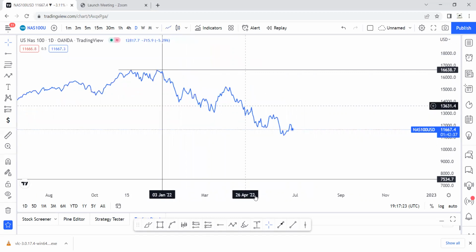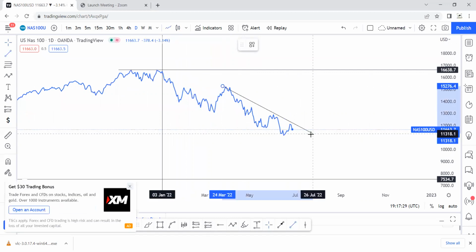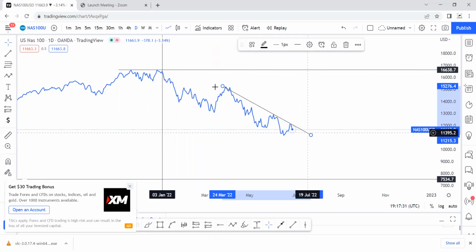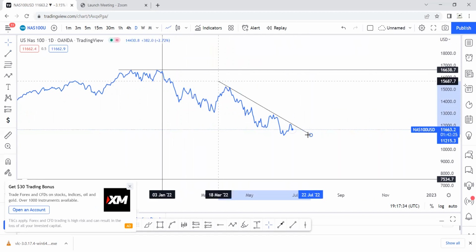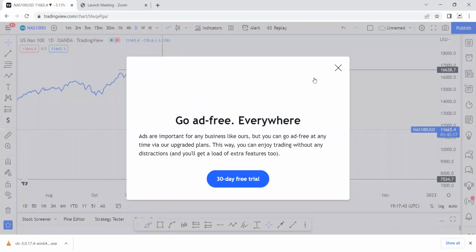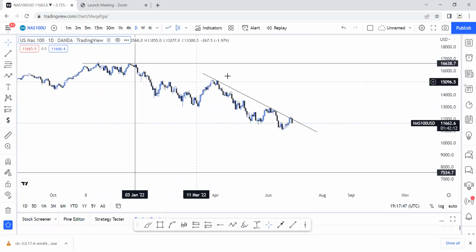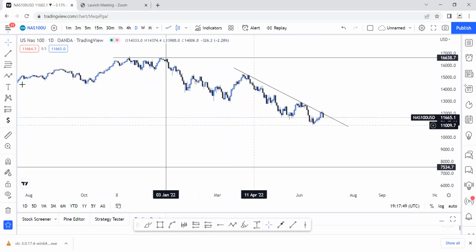So now we can see that from here, if we draw a trend line like this, it suits. Let me adjust it a little bit so that it fits our chart. This is another way of confirming if you're having a downtrend or an uptrend.